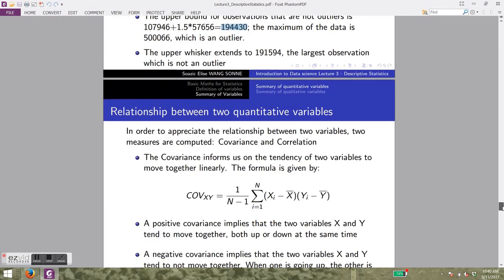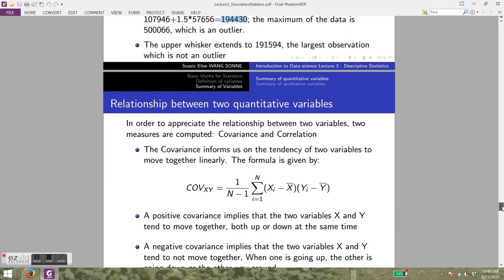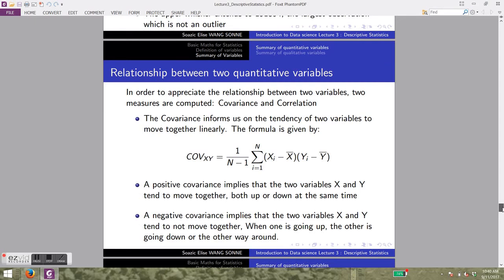So now, having talked about the summary of each quantitative variable, let's see the relationship between two quantitative variables. If you would like to appreciate how two variables are moving together, you should compute two measures: the covariance and the correlation. The covariance informs you on the tendency of two variables to move together linearly.